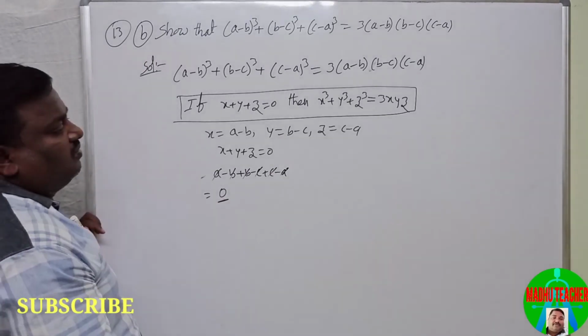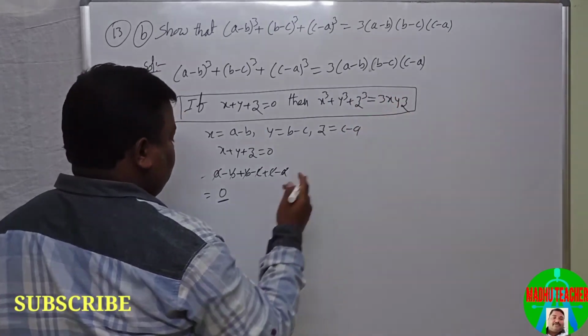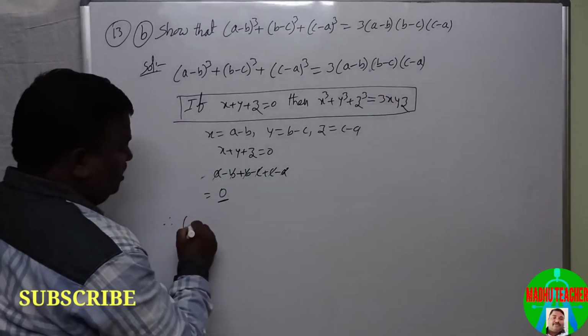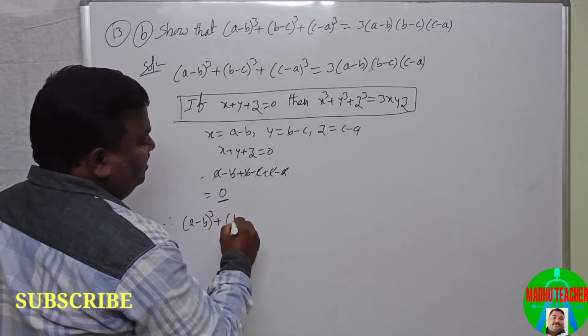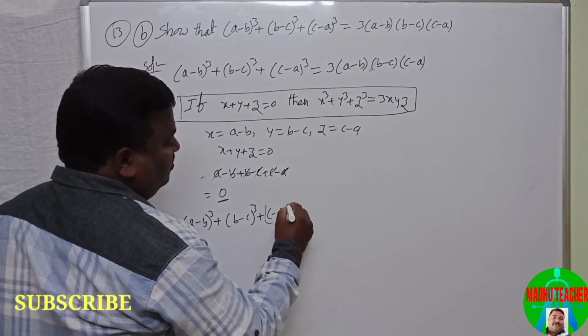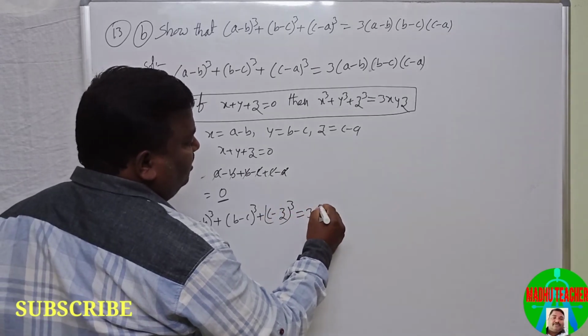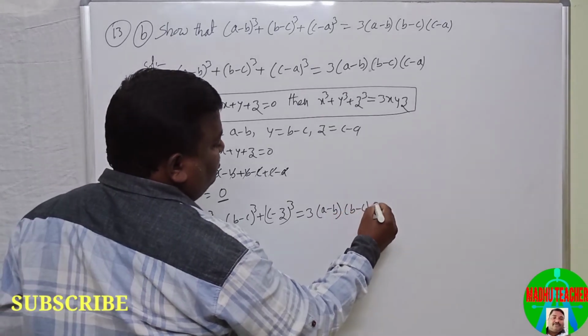Then we can say that x cube plus y cube plus z cube equal to 3xyz. Therefore a minus b whole cube plus b minus c whole cube plus c minus a whole cube equal to 3xyz, that is 3 into a minus b into b minus c into c minus a.